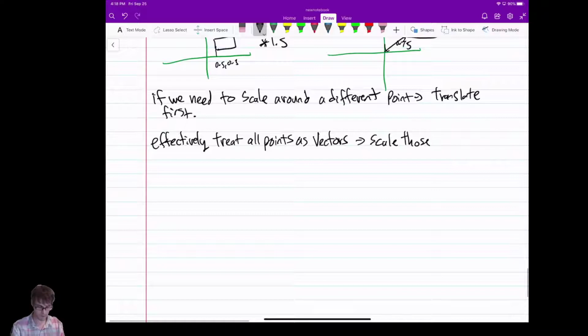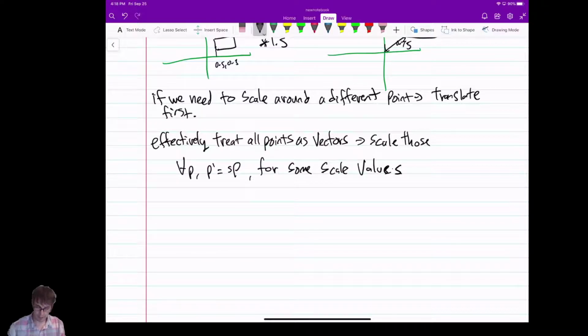So for all p, our p prime is going to be some scalar times p, right? Some scale value s. Now what this gives us is what's called uniform scaling.